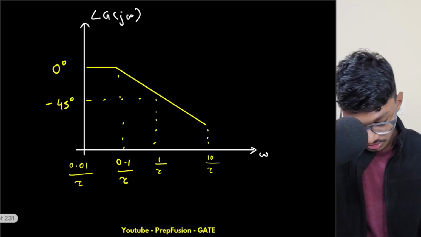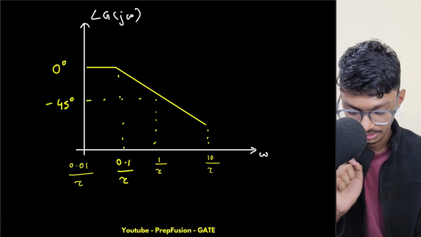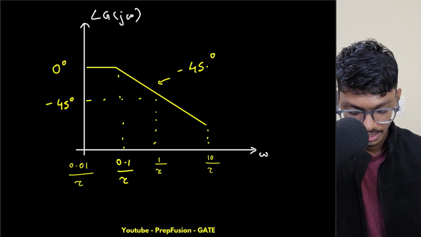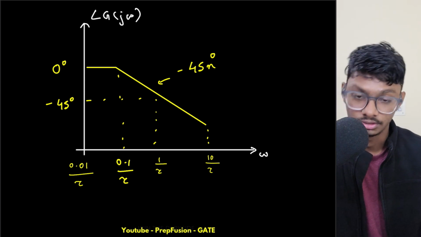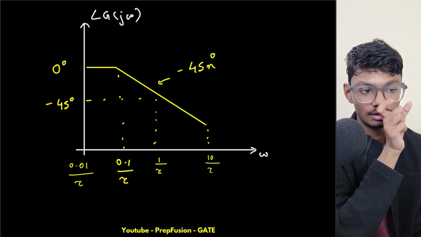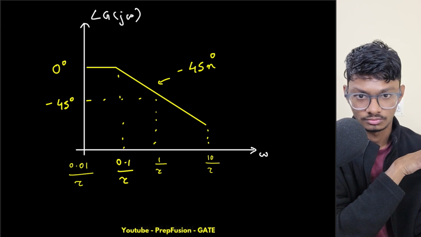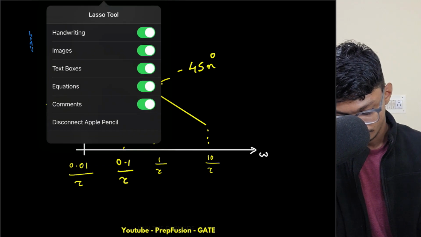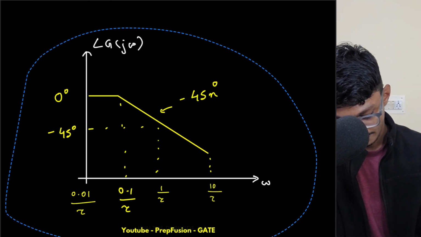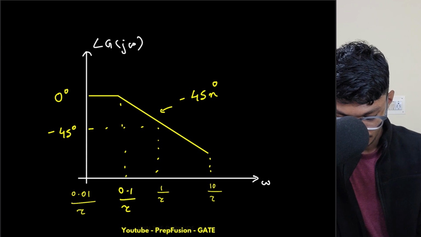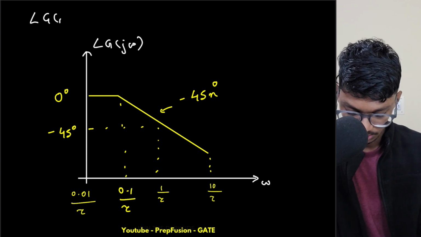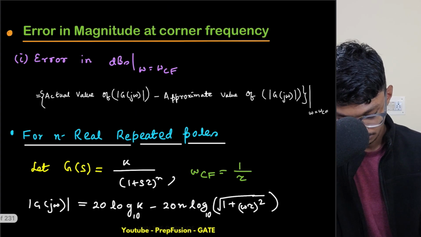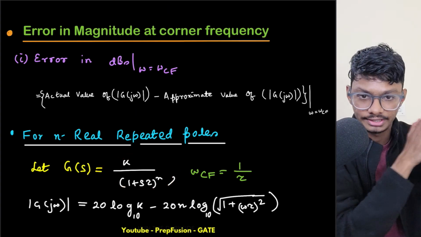So here what is the slope? Actually this is not minus 45 degree per decade. It is minus 45 times n degree per decade, because the formula becomes n tan inverse omega tau. So what does the angle equation become? The angle of G of j omega: the n terms are added to each other.